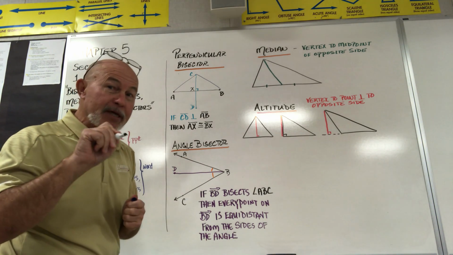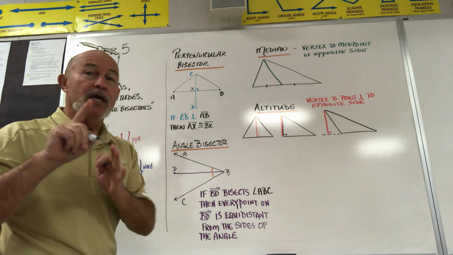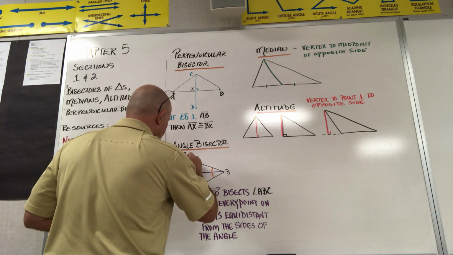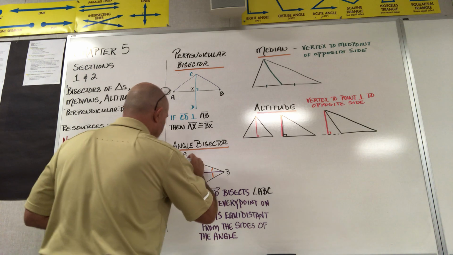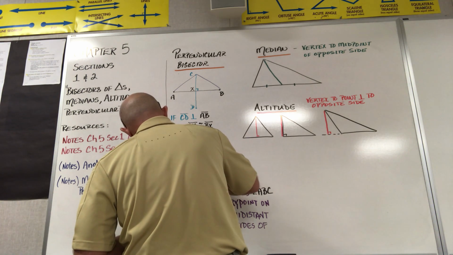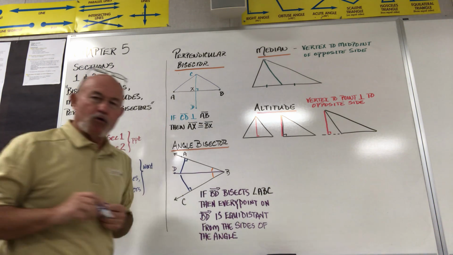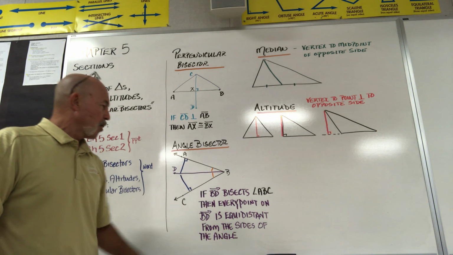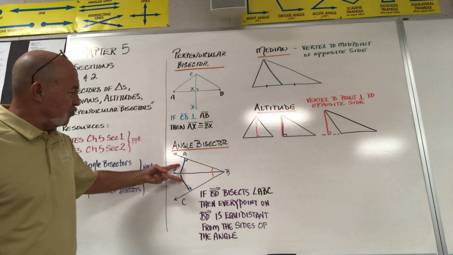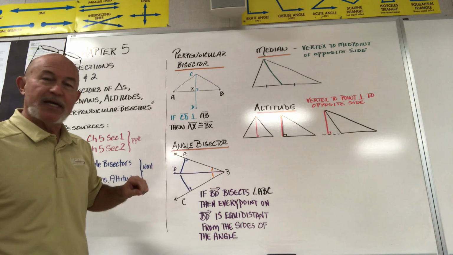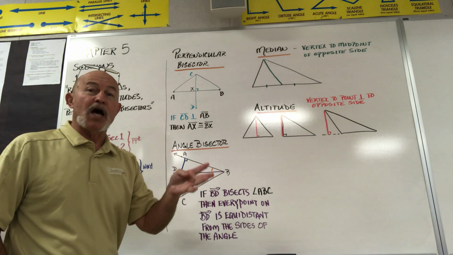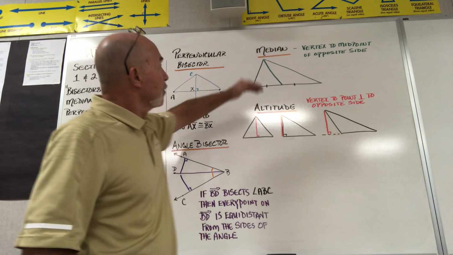And remember, when we measure distance, it's always in a perpendicular segment. So when I do that, those are equal segments. That's important. So if you see this, we know it's a bisector. If you see this, we know those are equal. We've got a lot of converse theorems working here.